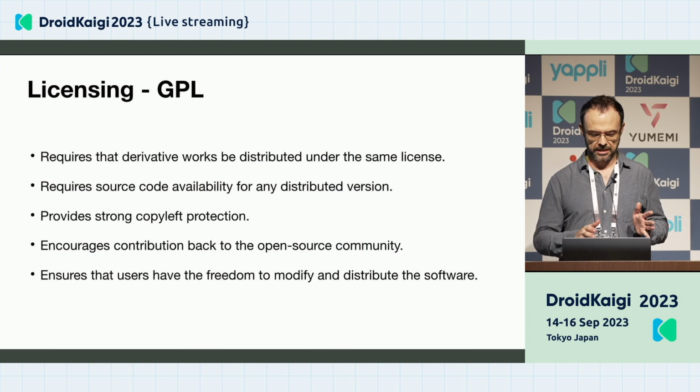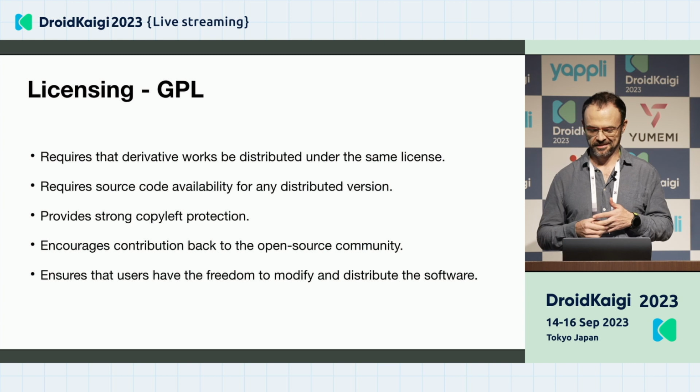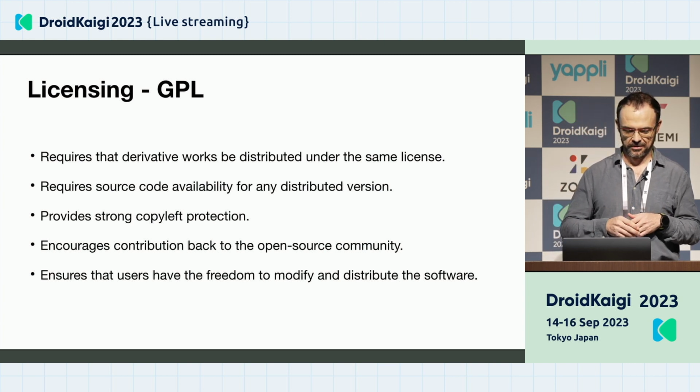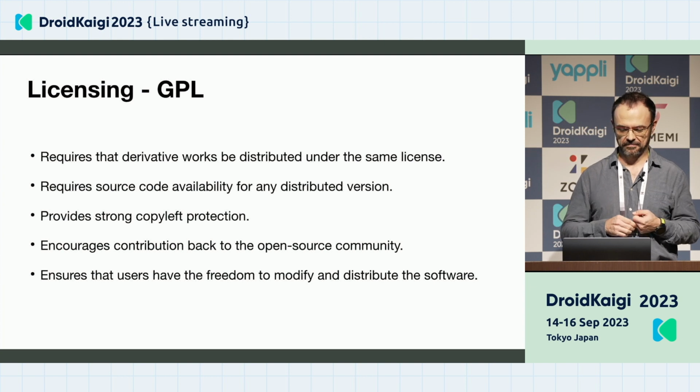This is the most, you could say, hippie license. So it's the most open source extreme, and for some folks might not be recommended to integrate in a real app.